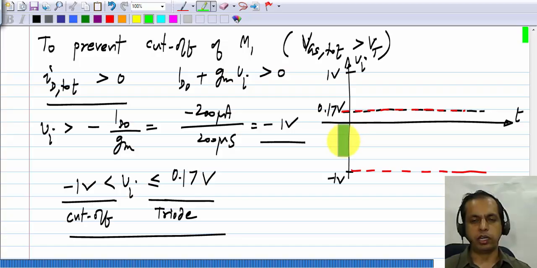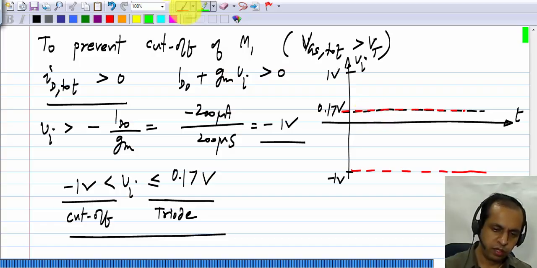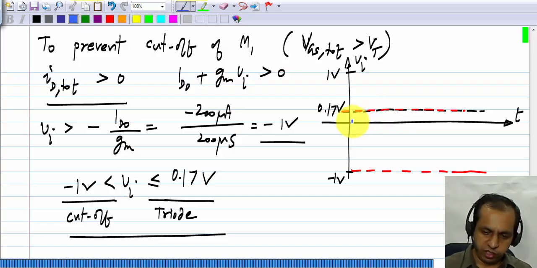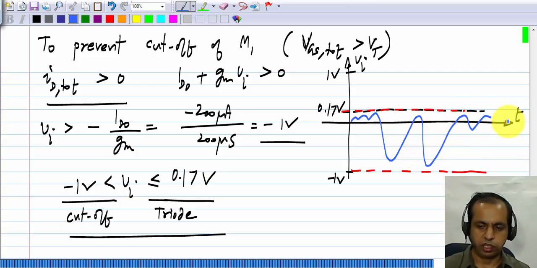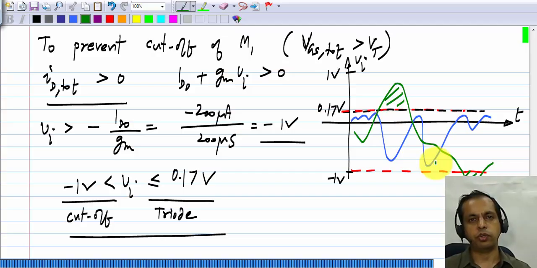But to get an estimate of how much signal we can apply, we say that if it is within these swing limits, then the amplifier behaves linearly, and otherwise it doesn't. So you could have any signal which is within these limits and it will behave linearly, but if it goes outside that, then in these parts it won't faithfully reproduce the input signal. So clearly you should avoid this.